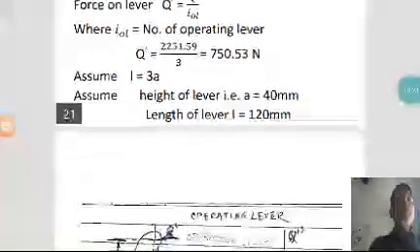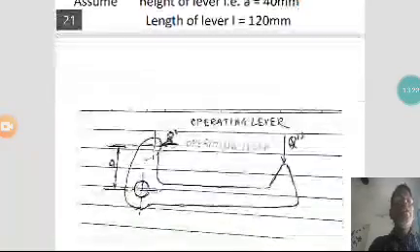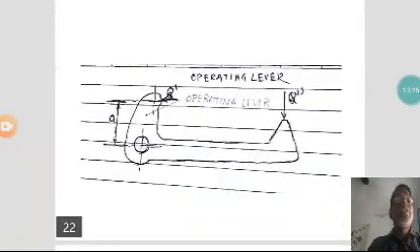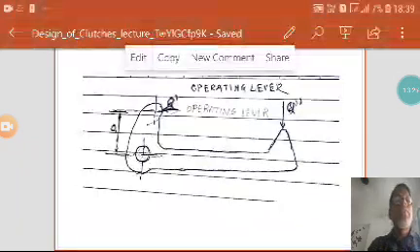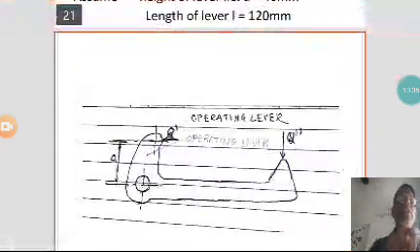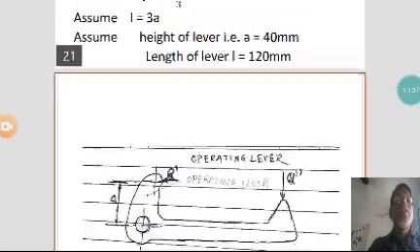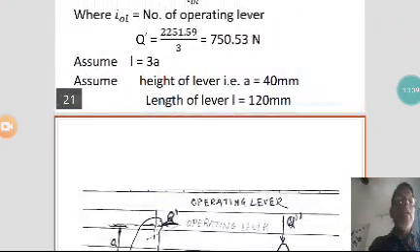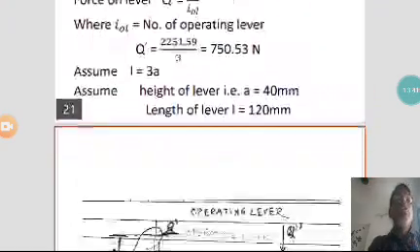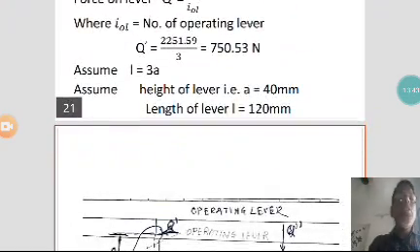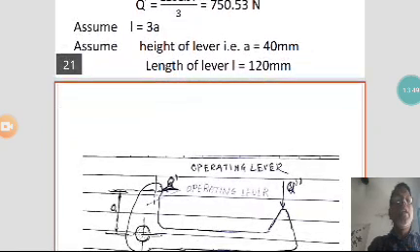Now this Q dash, you can see here in this diagram, is acting horizontally, right, at distance A from the center of the pin. Whatever the circle you can see here, there we insert the pin, so that is the lever pin that we are going to design. Now you can calculate the Q double dash by considering this dimension.